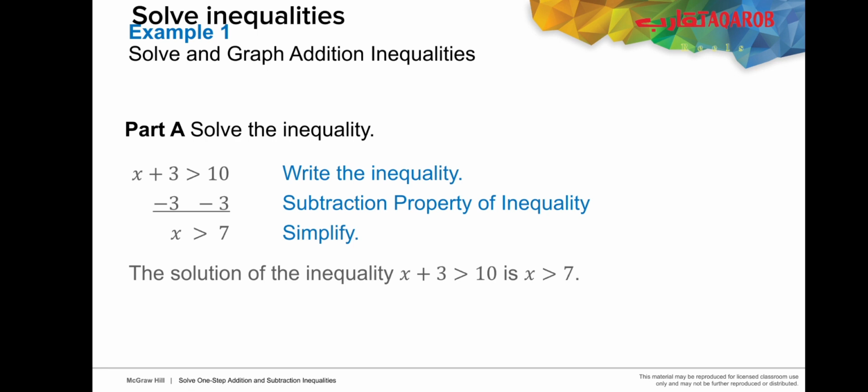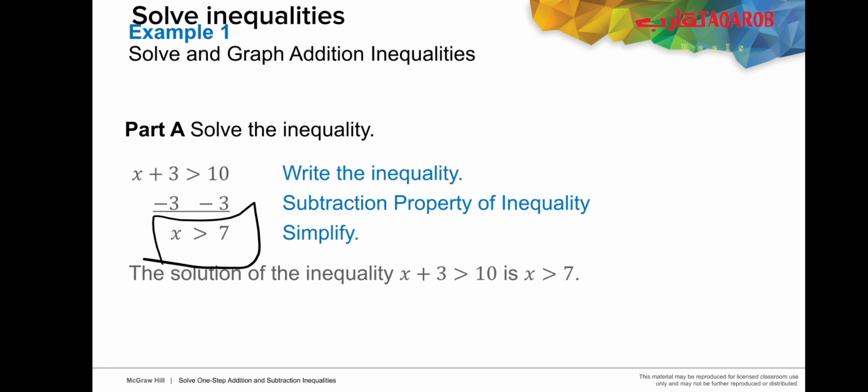When you get rid of the number 3 by subtracting it from both sides, you will get the inequality x is more than 7. So the solution that makes the inequality true is x is more than 7.